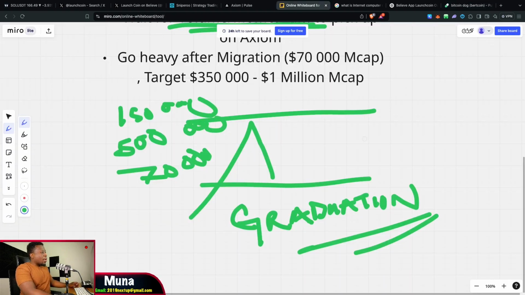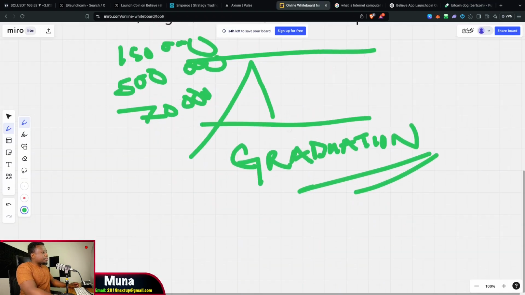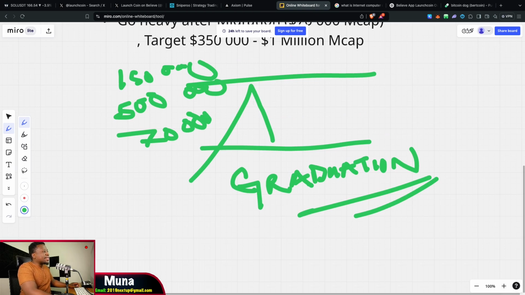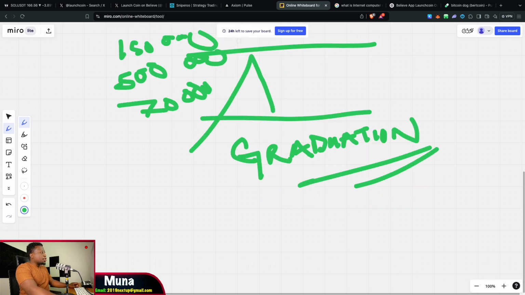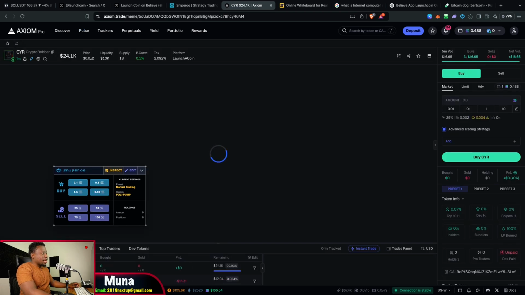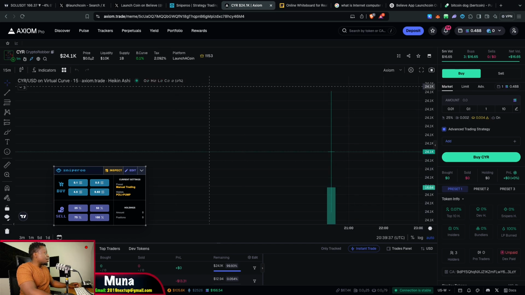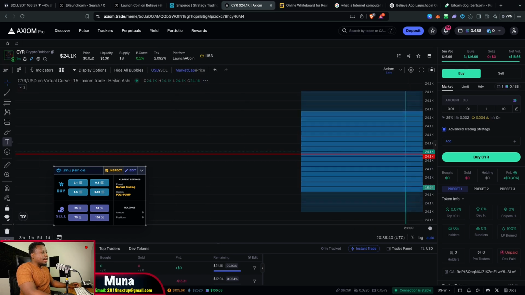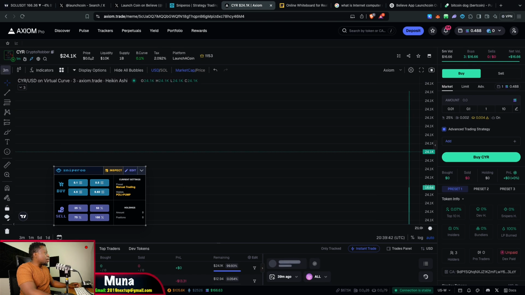What you want to do is look for a retracement as close to the bonding curve as possible. On Axiom Pro, you're going to be able to demarcate this level. Once it pops up, you draw a line, and you'll be able to find an entry close to that particular level.